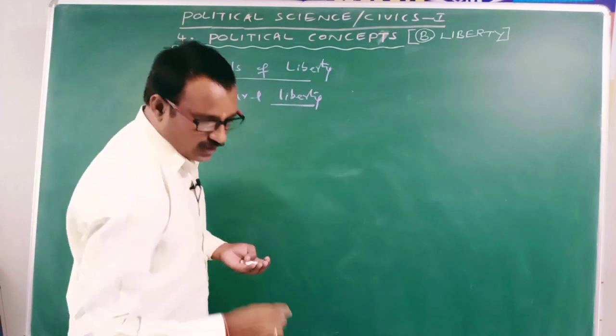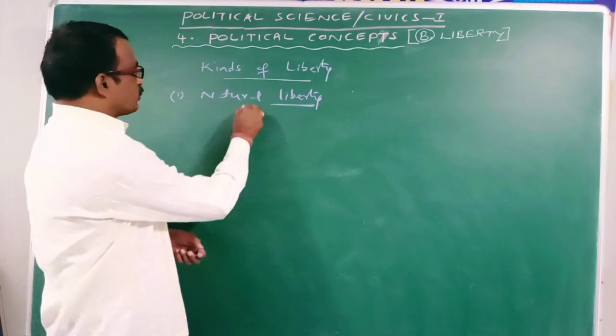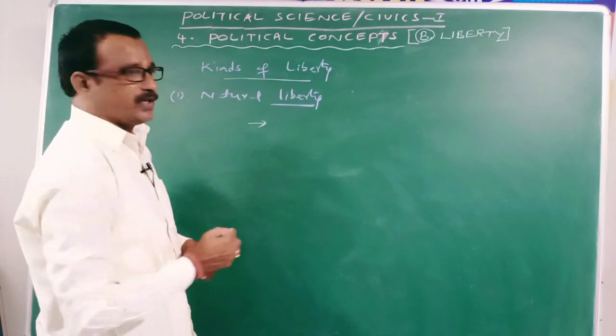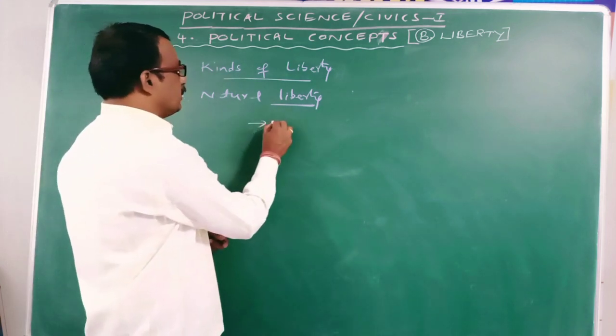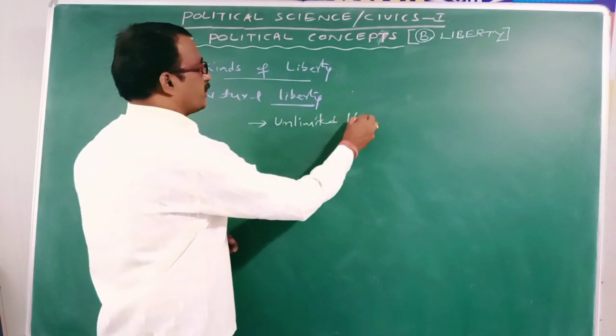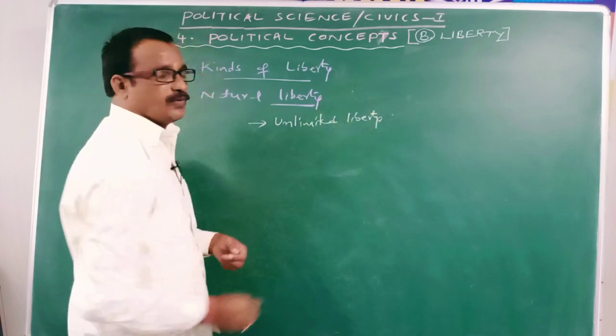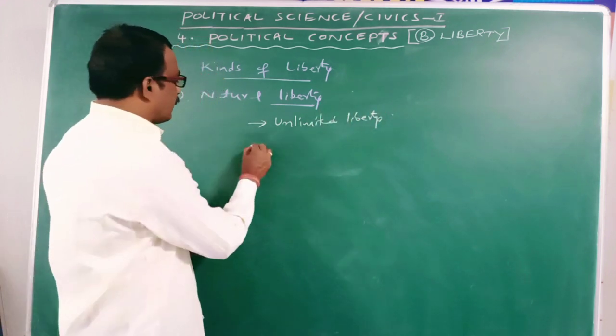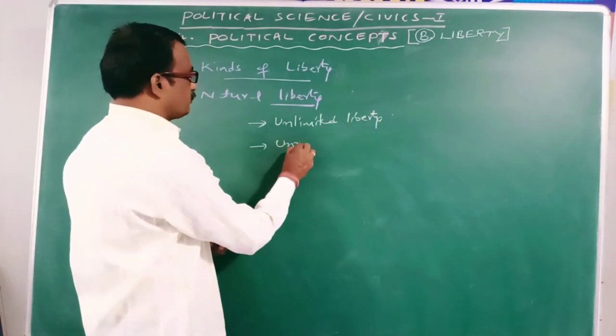So here, what is natural liberty? Natural liberty is the unlimited liberty of the individuals. It is unrestrained liberty.